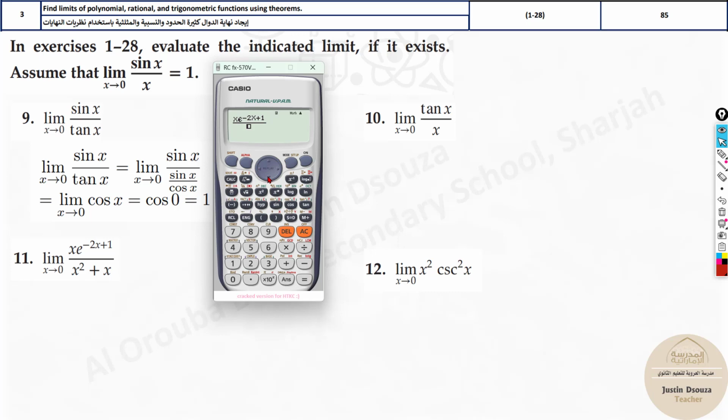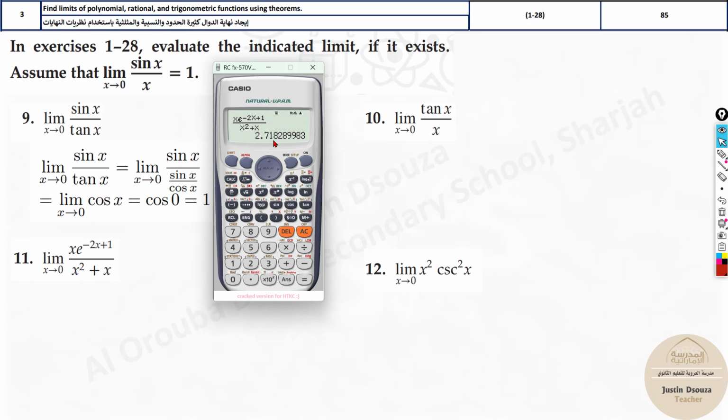And now you need to go to the denominator, alpha x square plus x. Okay, what next? That's done. Let us quickly check the calculate at negative 0.0001.